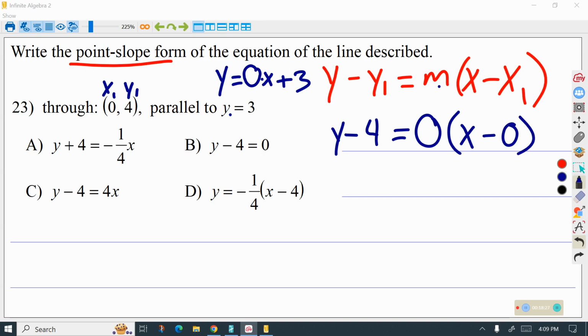Because again, we have to change the sign of that. Okay, so just write minus 0. But think about it. 0 times anything is just 0. So it doesn't really matter what we multiply on the right side here. It's multiplied by 0. So in the end, it's all going to be 0. So we got y minus 4 equals 0. Which one do you see that looks like that? All right. It's option B.